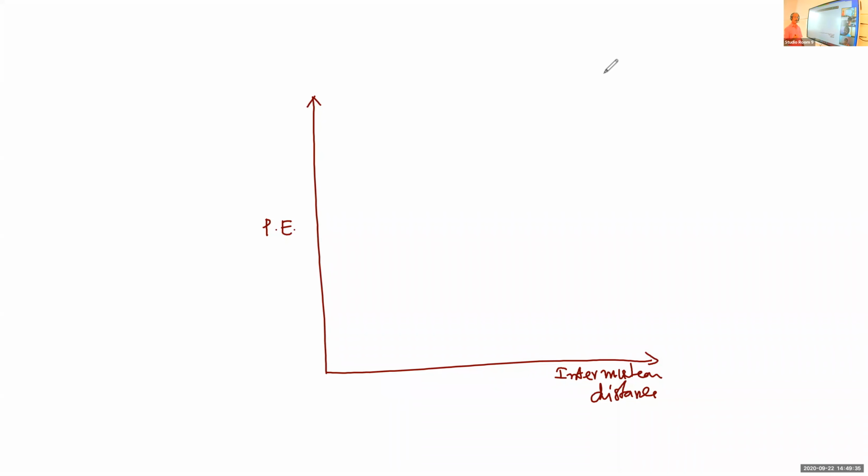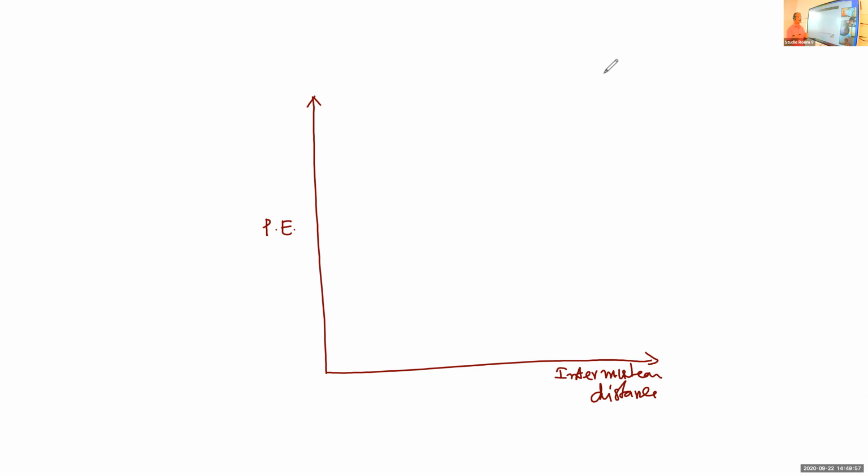So at the beginning, the two atoms are far away. Before the formation of the H2 molecule, there is no interaction. There is neither attraction nor repulsion.